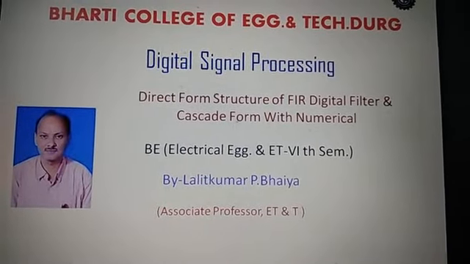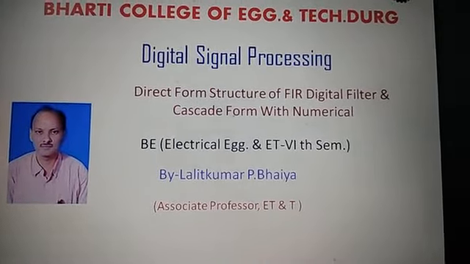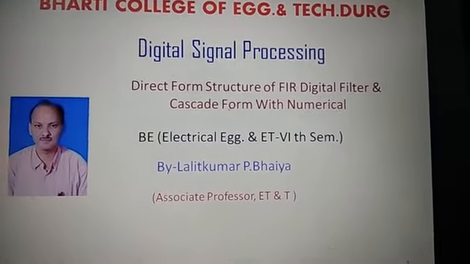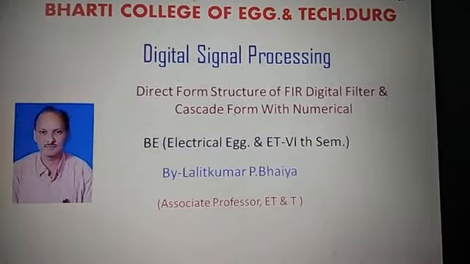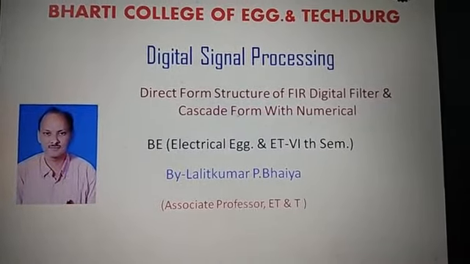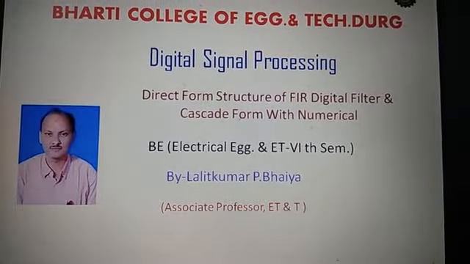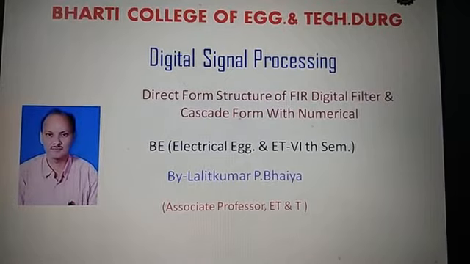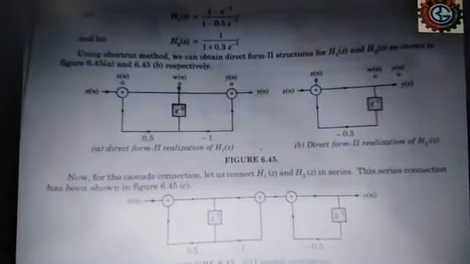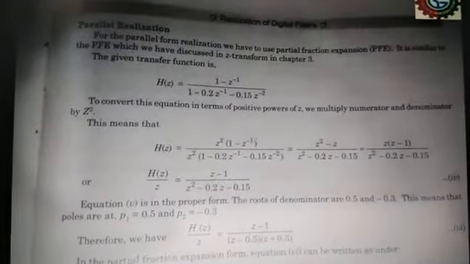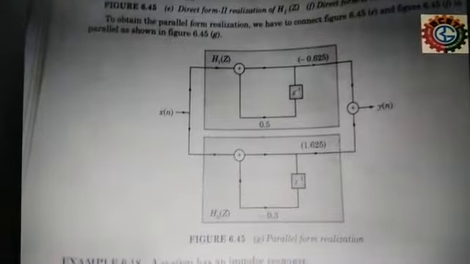It uses only a direct form structure, and by using direct form we can use the cascade and parallel structures. So dear friends, today we will see this FIR filter in this video.